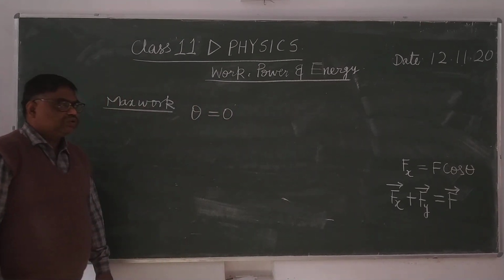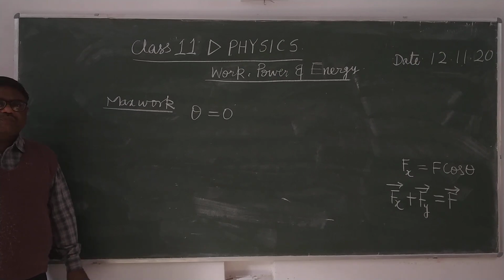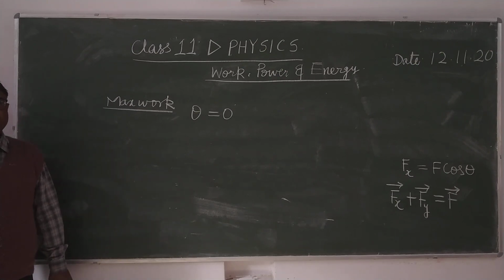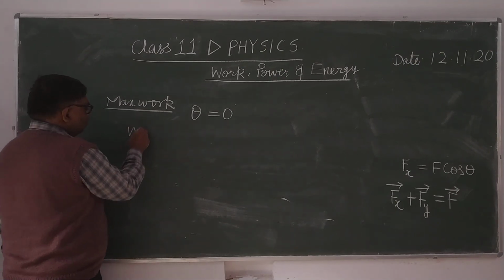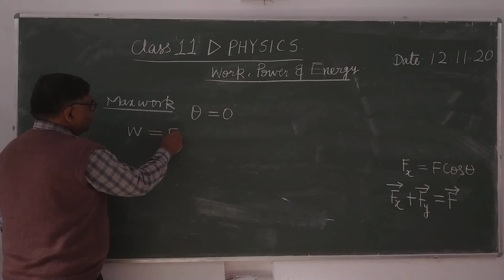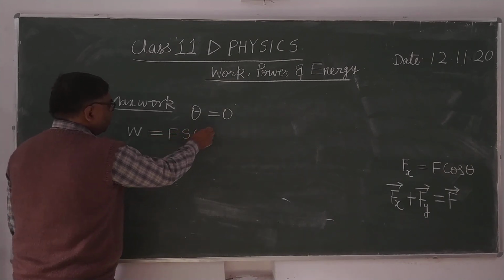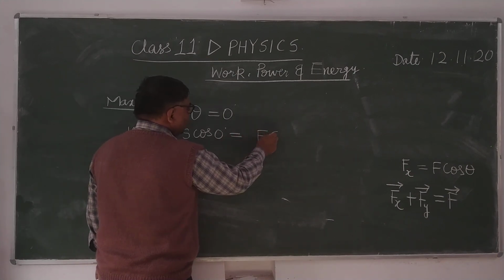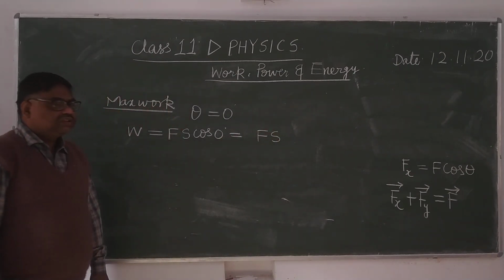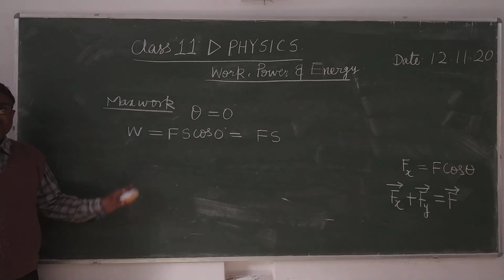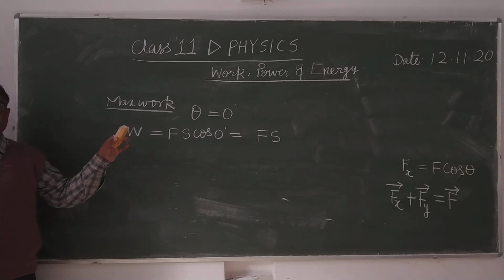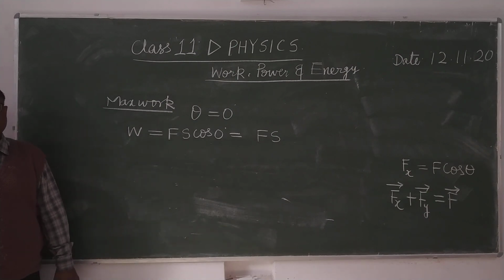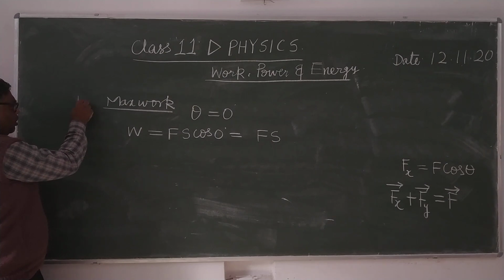When theta equals 0 degree, the work produced by the given force will be maximum, and it will be equal to what? F S cos 0 degree. Cos 0 degree equals what? 1. That is F into S. It's clear? Means we can say a force can produce maximum work when it displaces the body in the direction of force.